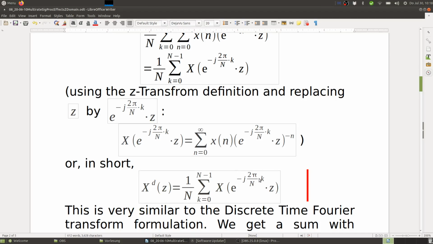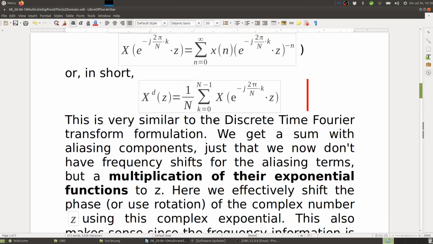So we basically have those modified Z-transforms. Yeah, so this is indeed similar to what we get from the discrete time Fourier transform.